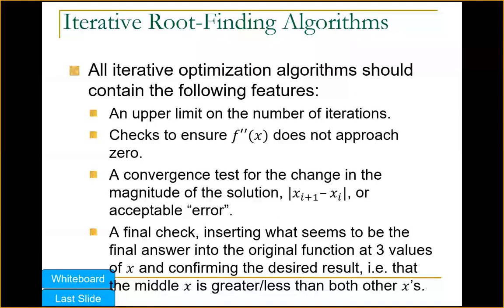You must always check that your second derivative doesn't go to 0. Please note. Remember, when we're doing regular iteration, you're supposed to check whether your first derivative is going to 0. Do you recall, if your first derivative is going to 0 while you're getting to your answer, what does that mean?